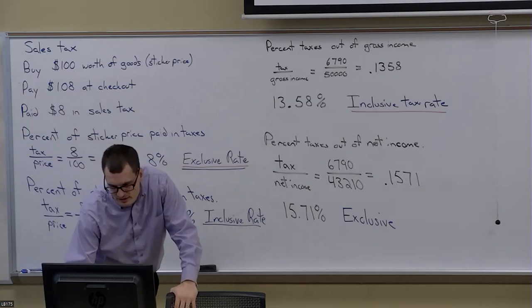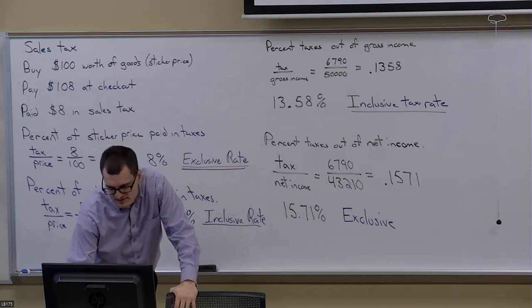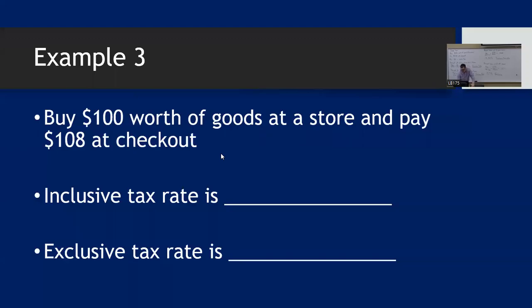So that's one of the intricacies of taxes, is that we have these inclusive rates and exclusive rates, and with sales tax, we almost always tell everybody the exclusive rates, because you start with the sticker price and then you go up from that, right? That's how the taxes work on sales tax.